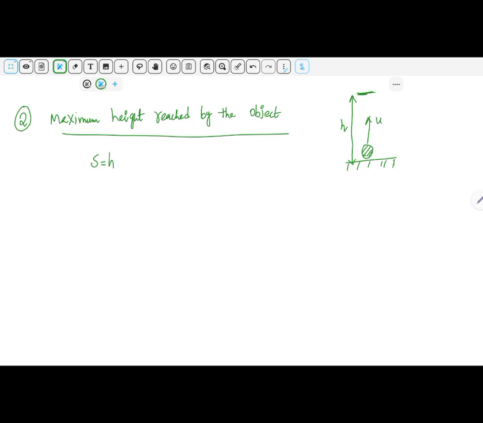And what is the other thing that we know? Initial velocity is equal to plus u because it is vertically upwards. Similarly, acceleration is equal to minus g. What we want to find is the h value, so let me erase this first.